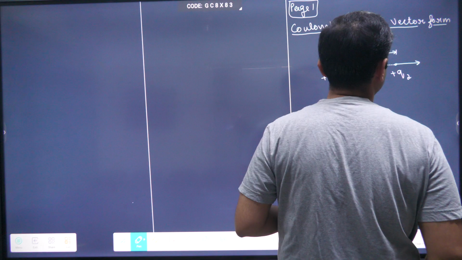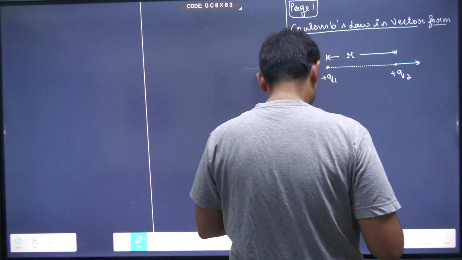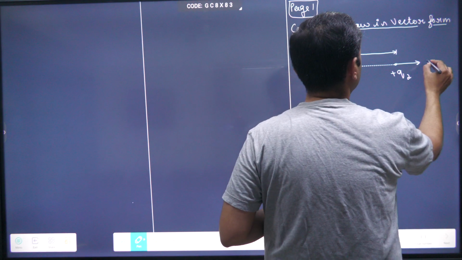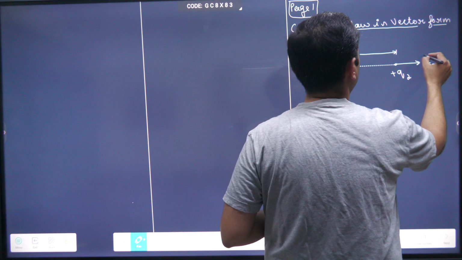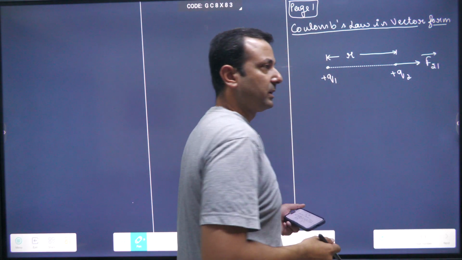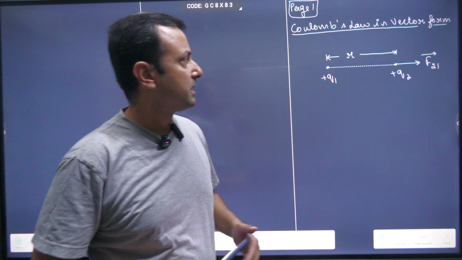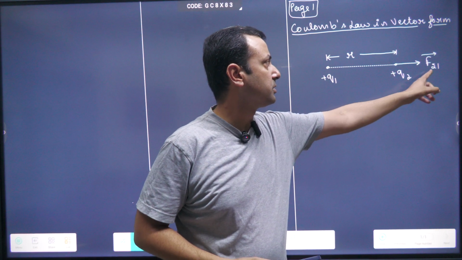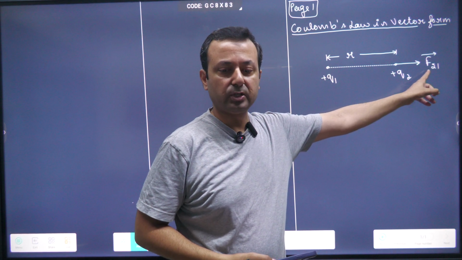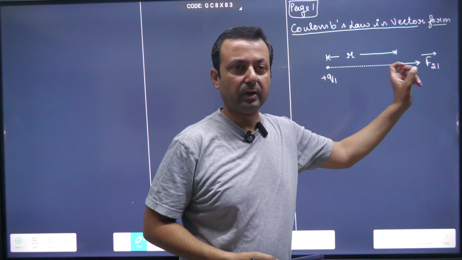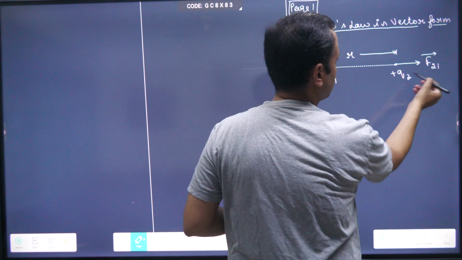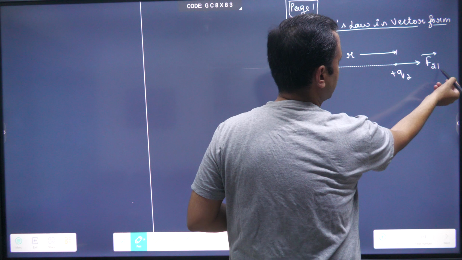We will call this repulsive force F21 vector. F21 vector means that the force is experienced on charge 2 and it is due to charge 1.